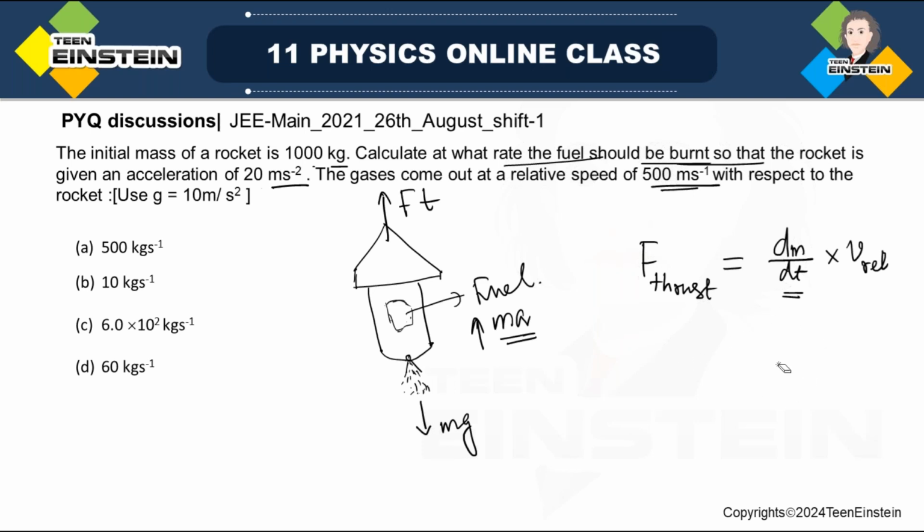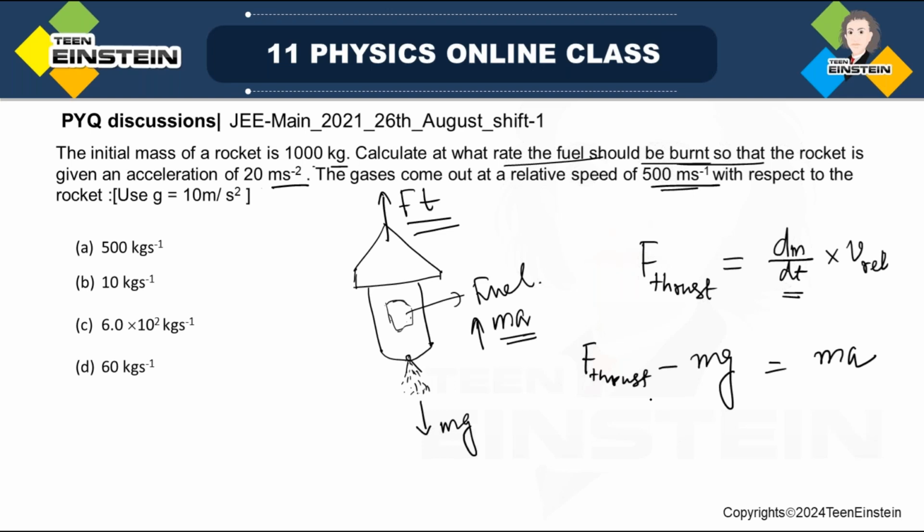I'm sorry, this is actually the up thrust. So up thrust minus mg will give you m into a.